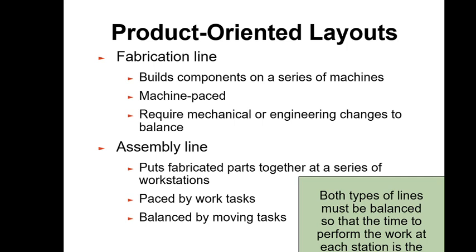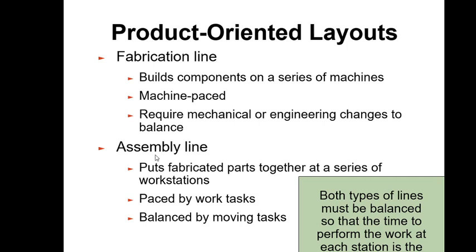Okay, in order to assure the continuity, يعني in order to assure that your system of fabrication or the system of manufacturing will be continuous. Then in order to balance the work between stations, let's say, it should be balanced mechanically or by engineers. Now we will see the difference when we talk about the assembly line.